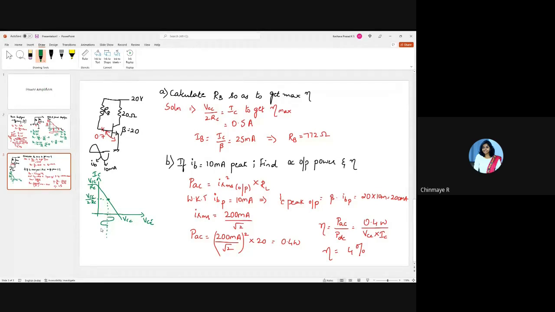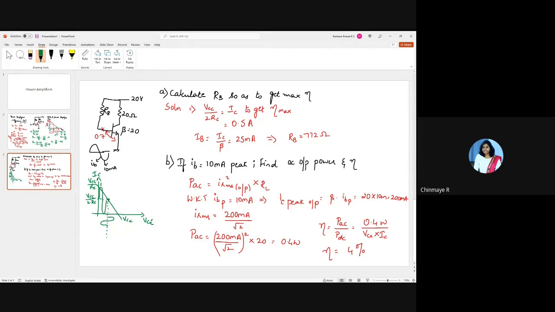So what is the maximum swing that you can get here? So this is VCC by RC. How much is that? VCC is 20, RC is 20. So maximum is 1 here. So VCC here is 20, right? So now this is at 0.5. So the maximum peak that you can get here is 0.5 up and 0.5 down.